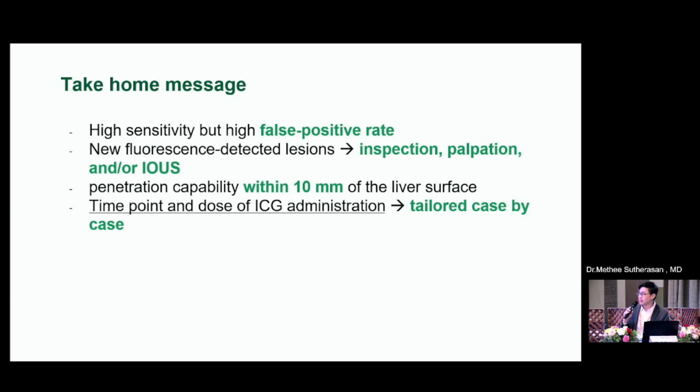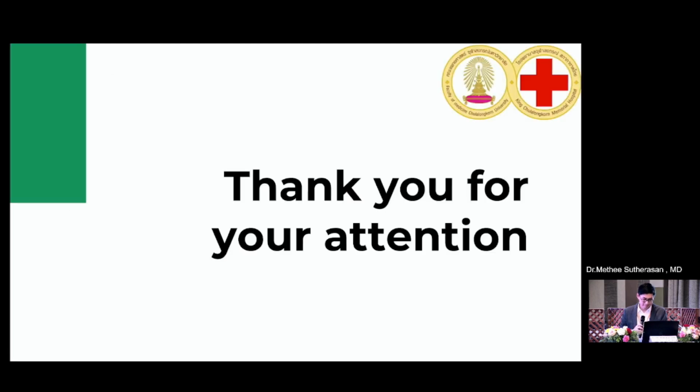And one thing that I focus on is that ICG can penetrate just about 1 centimeter of the liver surface. So the deeper lesions, we cannot see. And the time point and dose of ICG vary a lot, so we have to tailor case by case. Okay, thank you.